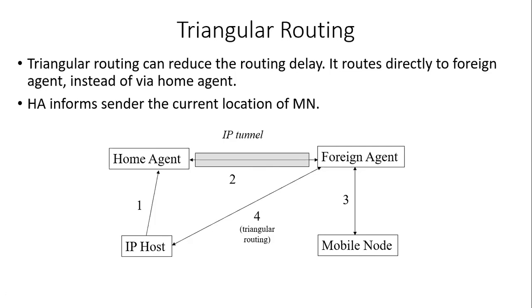The home agent will be doing that. The home agent informs the original sender, the corresponding node, that this is currently the IP address, which is not always easy. But if it is done, then it is called triangular routing, and then you have some saving on time. Okay.